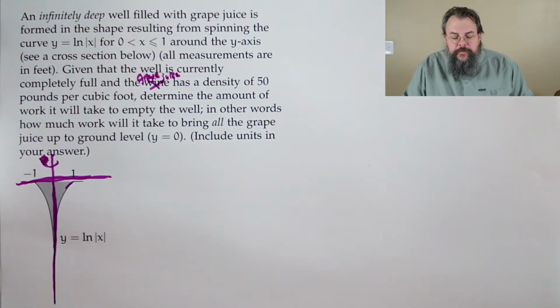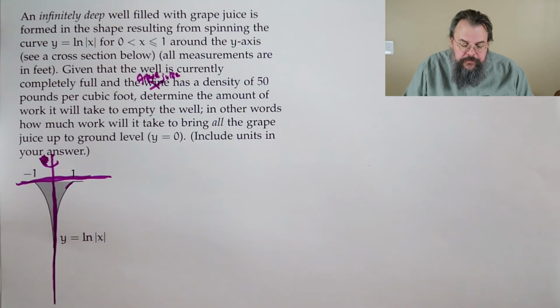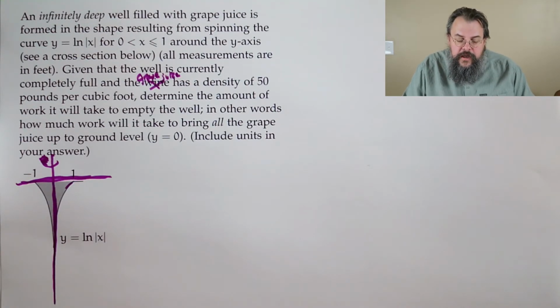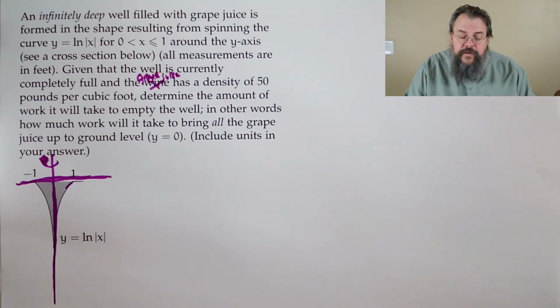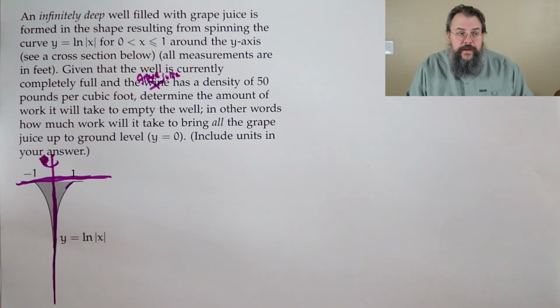And it has a density of 50 pounds per cubic foot. Determine the amount of work it will take to empty the well. In other words, how much work will it take to bring all the grape juice up to ground level, and include units in your final answer. Now you might pause and say, is this realistic?